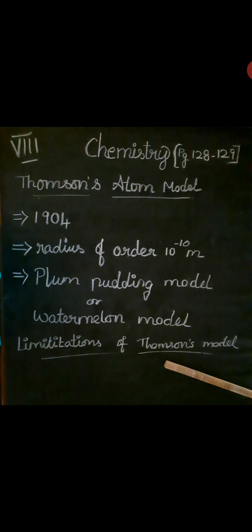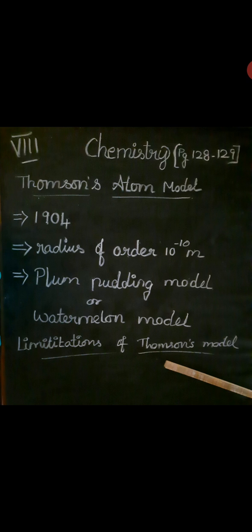This atom model is otherwise known as the plum pudding model, or the watermelon model. The embedded electrons resemble the seeds of a watermelon. The seed is considered as negative, and the fleshy part is positive. If you cut the watermelon into two, there will be seeds in the fleshy part.